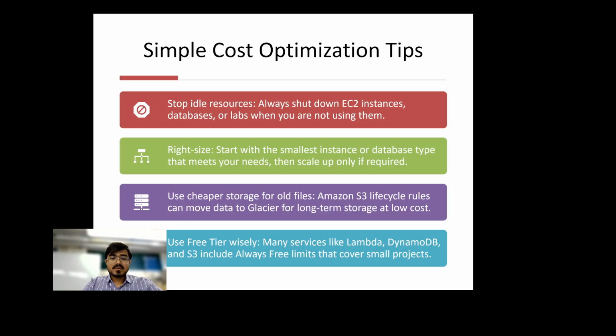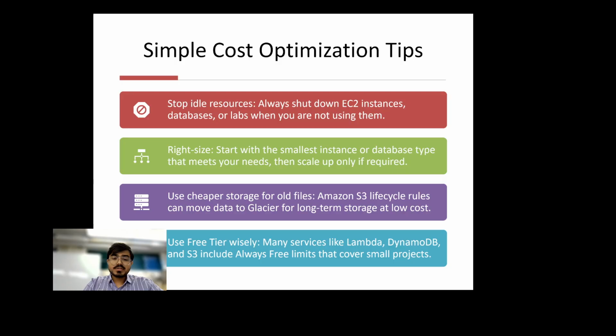So here are some very simple but powerful cost optimization tips. First one, stop idle resources. Always shut down EC2 instances, databases, or labs when not using them. Right size your resources. Start small with a micro instance, then grow only if you really need more.